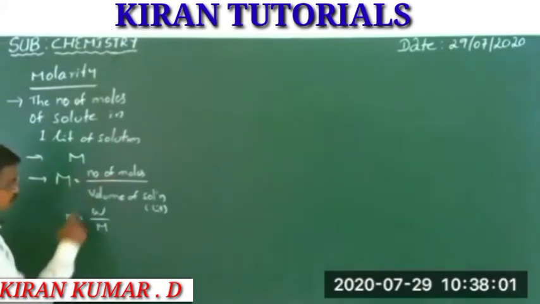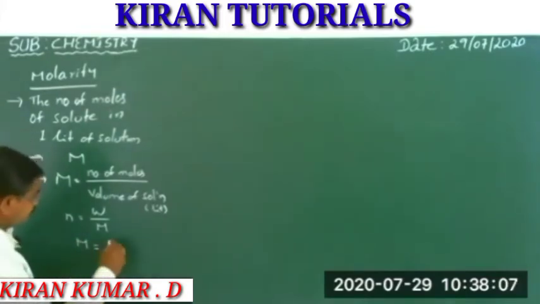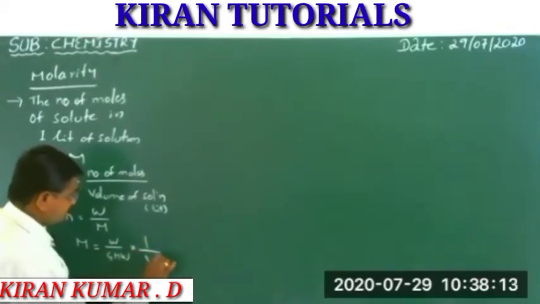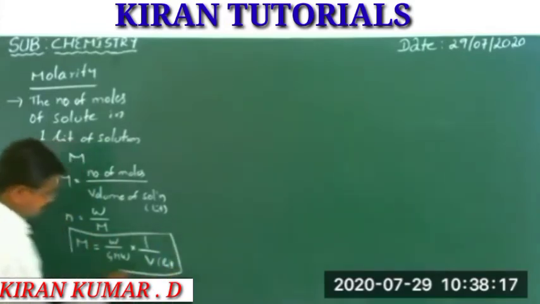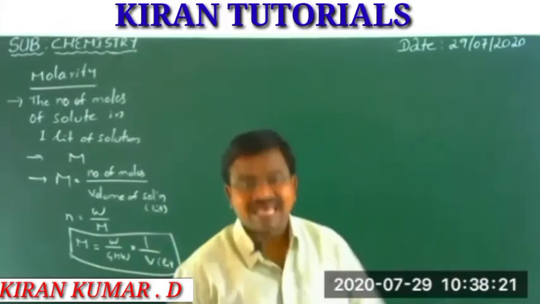So if we substitute this n value here, we get molarity M equals W by gram molecular weight into 1 by V, that is in liters. It is the formula to calculate molarity.